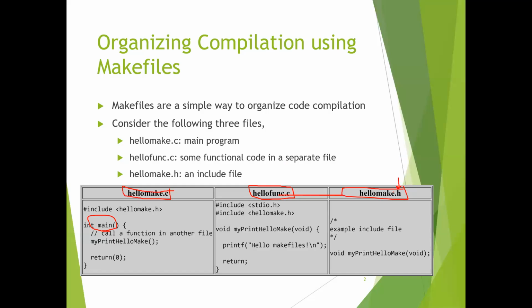And when you create header files, like for example hello-make.h, you place some declarations and some other constants and, let's say, global or external variables in it, so that you can include that header file in other files and save some time.